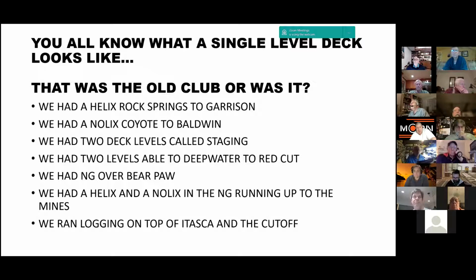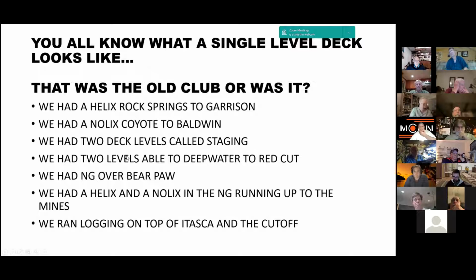Okay, so you all know what a single deck looks like. That was the old club. Actually, that's totally not true. We had a helix. You can read these things on your own. We had two deck levels of staging.